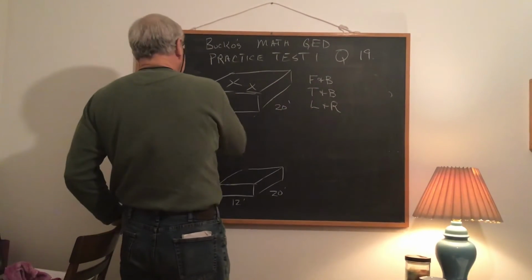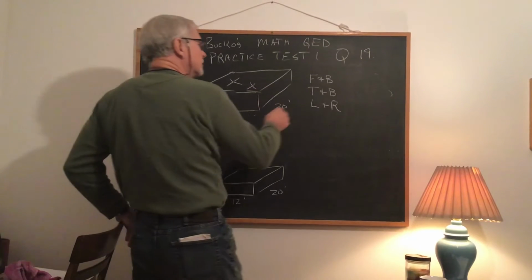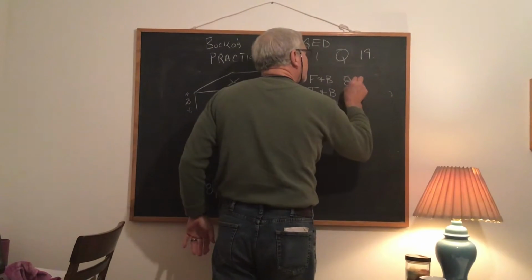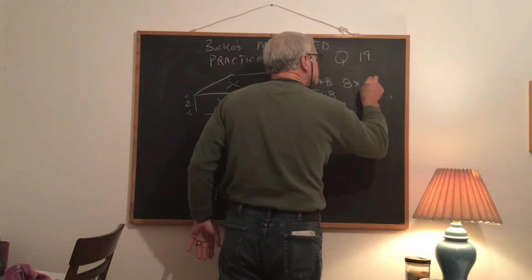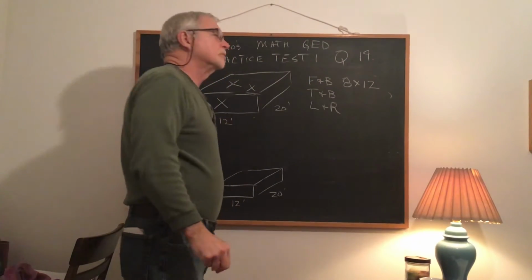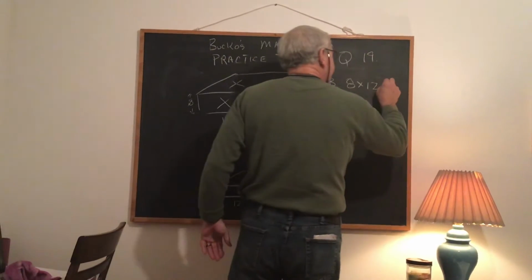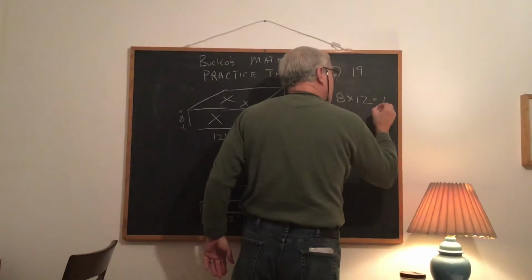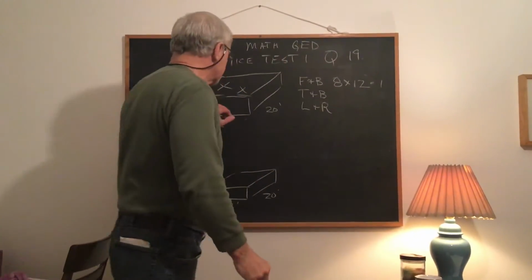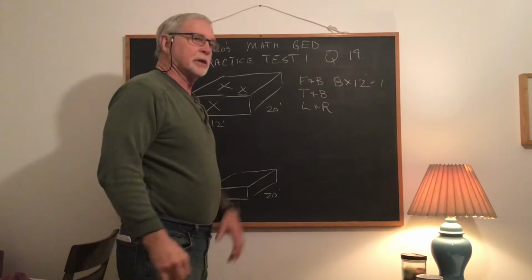So front and back is 8 by 12. And we're only going to do one. If there were two of them, if there were two faces, I would put a 2 there.